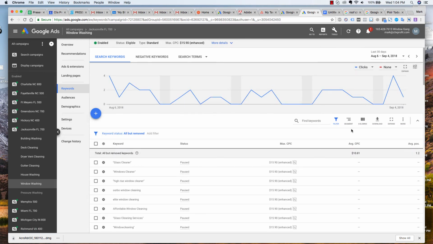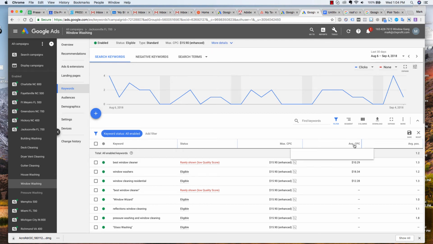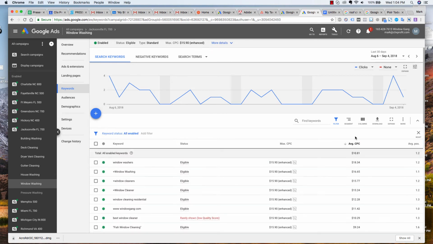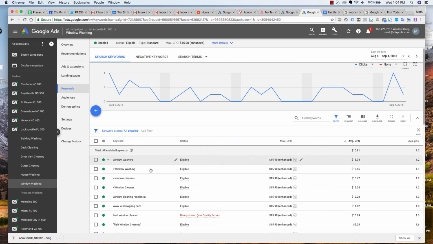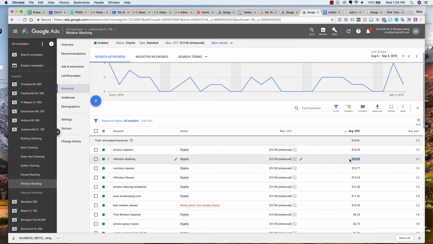Let's only look at the keywords that are actually enabled, so let's go to all enabled. As you can see, these different keywords have different average cost per click.